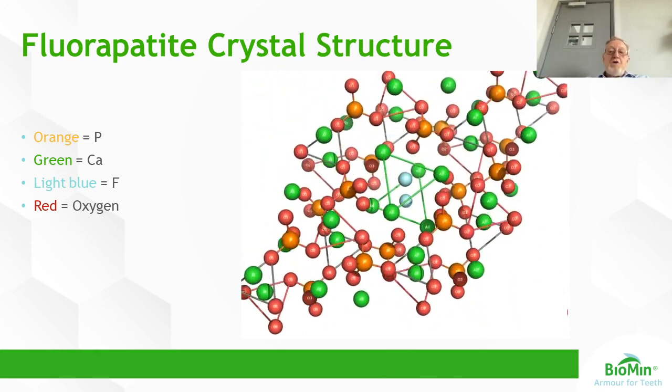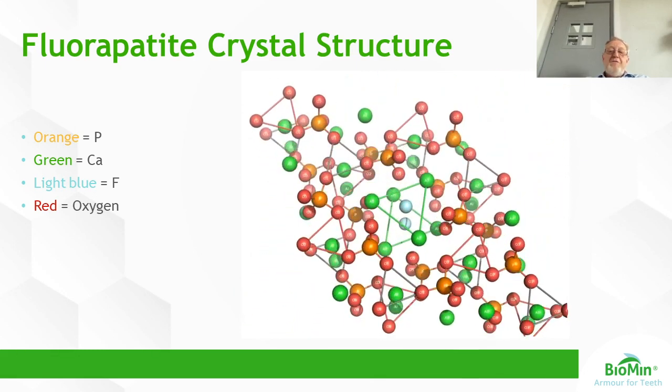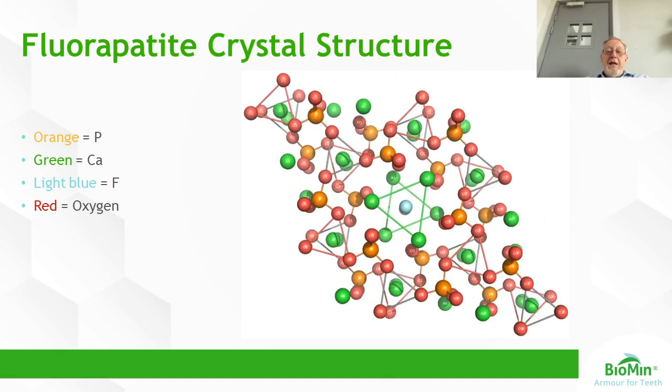When we have hydroxyapatite, the hydroxyl ion is displaced above the plane of that triangle, and it destabilizes the apatite lattice slightly, whereas the fluoride ion makes it a little bit more stable. So the stability of fluorapatite is related to the crystal structure.